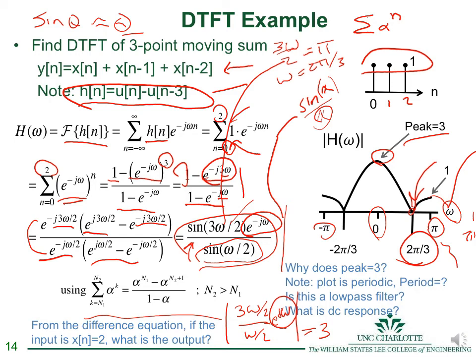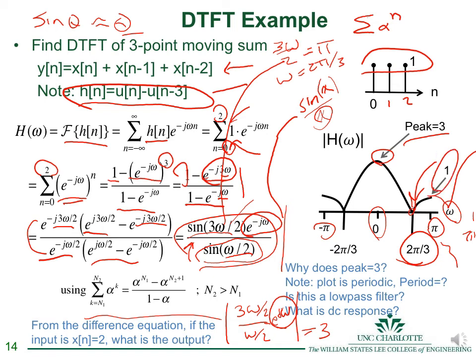We have sine of omega over 2 in the bottom, so sine of pi over 2 is 1. In the numerator, we have a sine of 3 pi over 2, and that is also 1. And so the magnitude of the response at pi is 1.